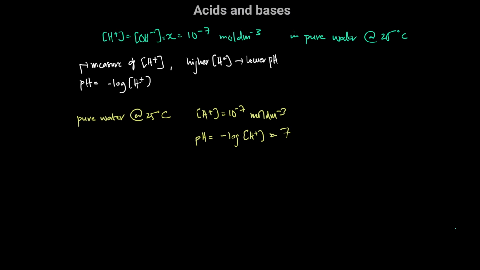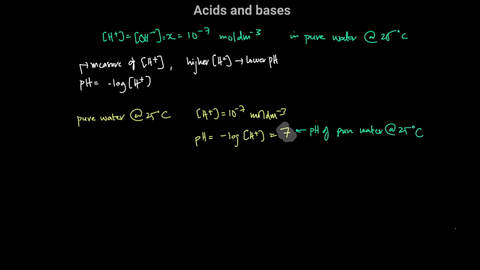So the minus log of 10 to the power of negative 7 is equal to 7. This is the pH of pure water at 25 degrees Celsius, or 298 Kelvin, something you have been learning since O levels.